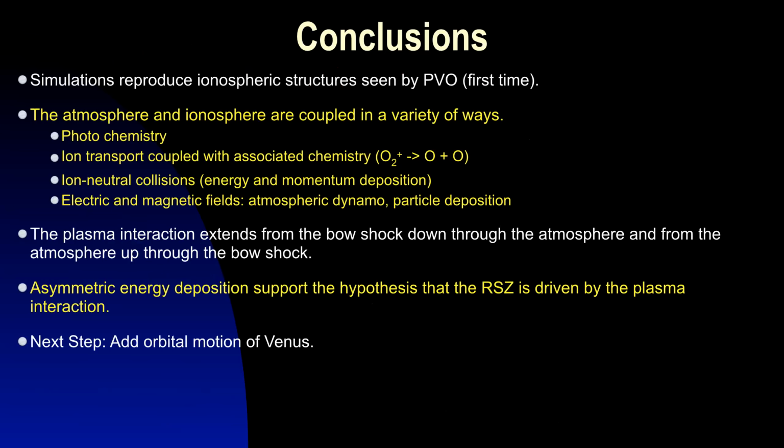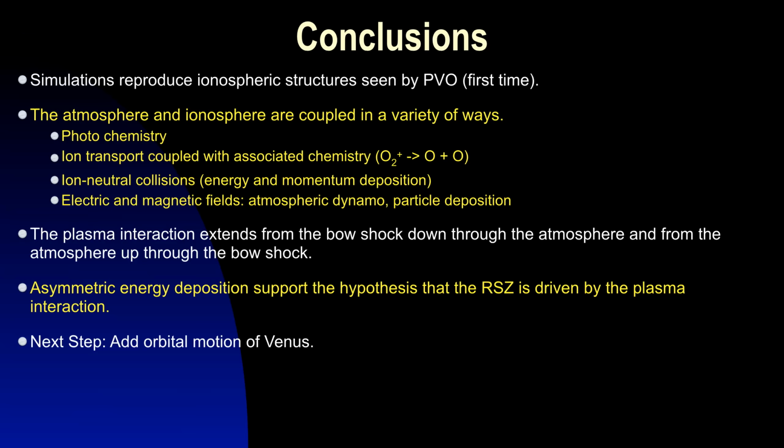So in conclusions, the simulations for the first time reproduced night-side ionospheric structures reported by PVO. The atmosphere and the ionosphere are coupled in a variety of ways via photochemistry, ion transport, and chemistry. Ion-neutral collisions couple them via energy and momentum.